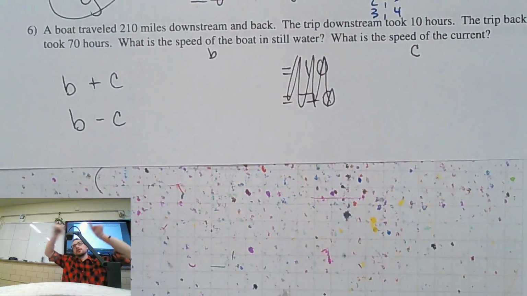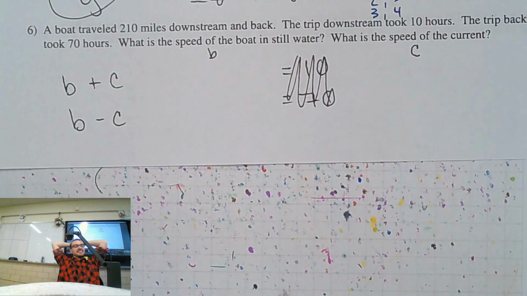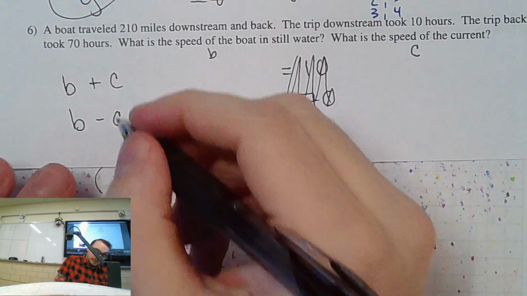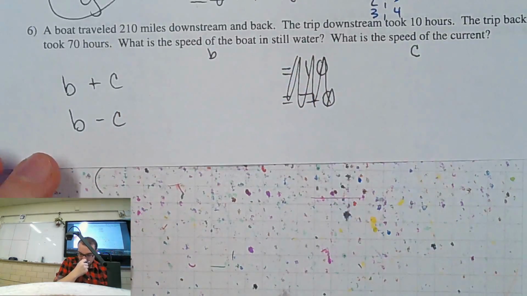In total, they traveled 210 miles, one way and back, so how much is it if we just travel one way? 420. If you double 210, you get 420. It's going to be 105. Why is it 105? If you travel 210 going there and back, you must have traveled 105 going each way, right? So it's going to be 105 miles total.